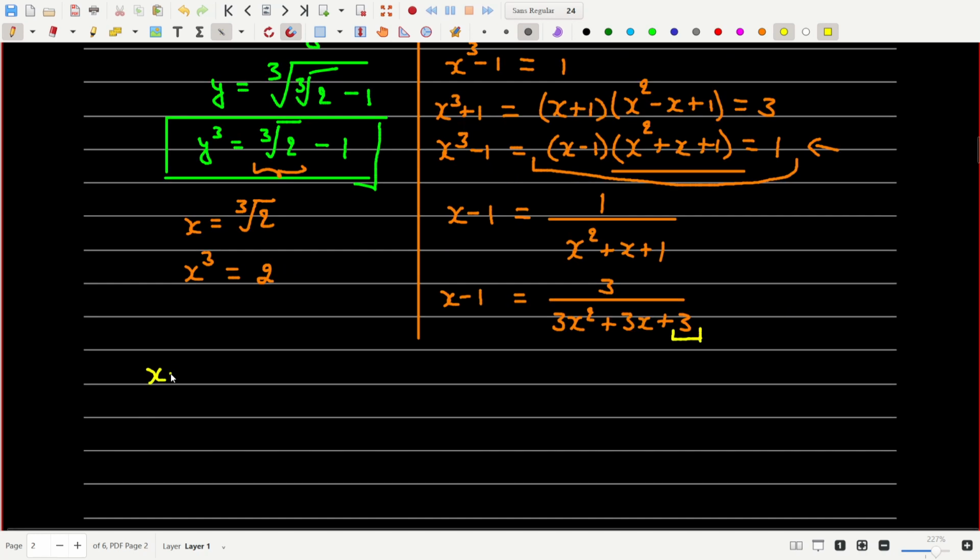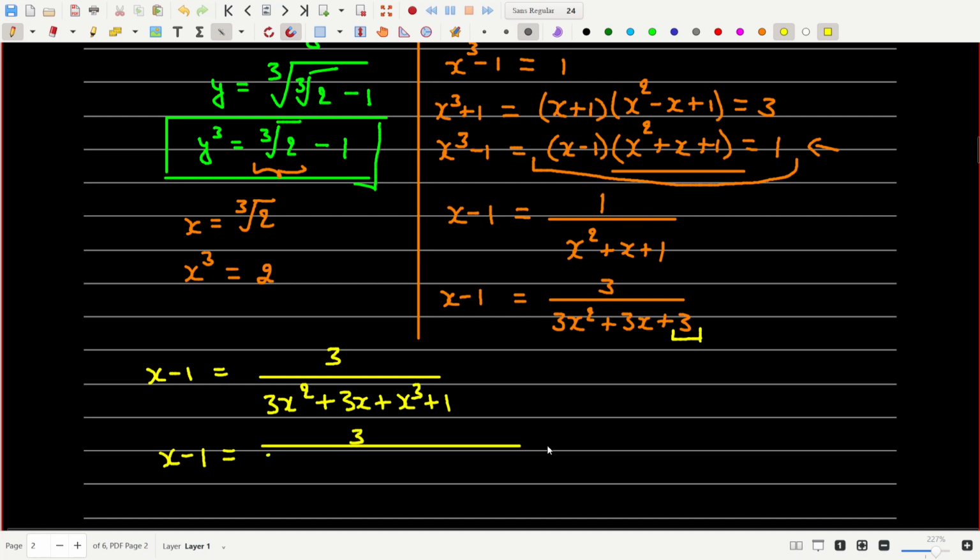So this will give me x minus 1 is equal to 3 upon 3x square plus 3x plus x cubed plus 1. Now let me rearrange this. So I'll get x minus 1 is equal to 3 upon x cube plus 3x square plus 3x plus 1.